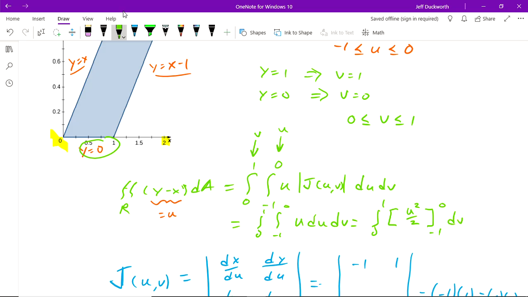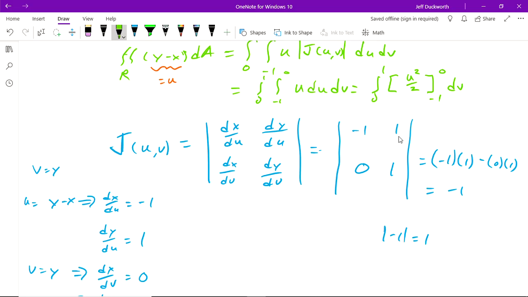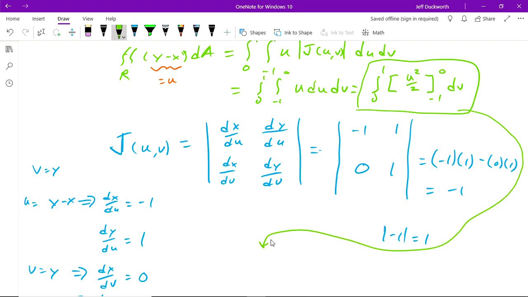And let's actually bring this down. Let's start it down here. All right, so that means we go from 0 to 1, and I get a 0 minus -1 squared over 2.